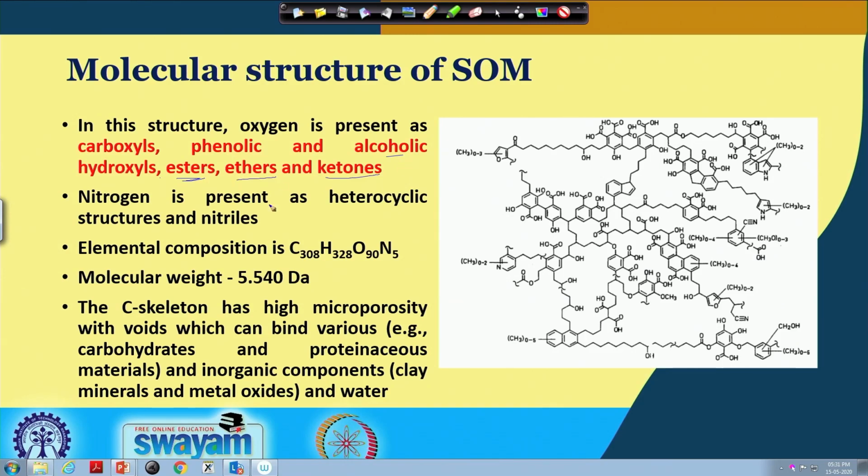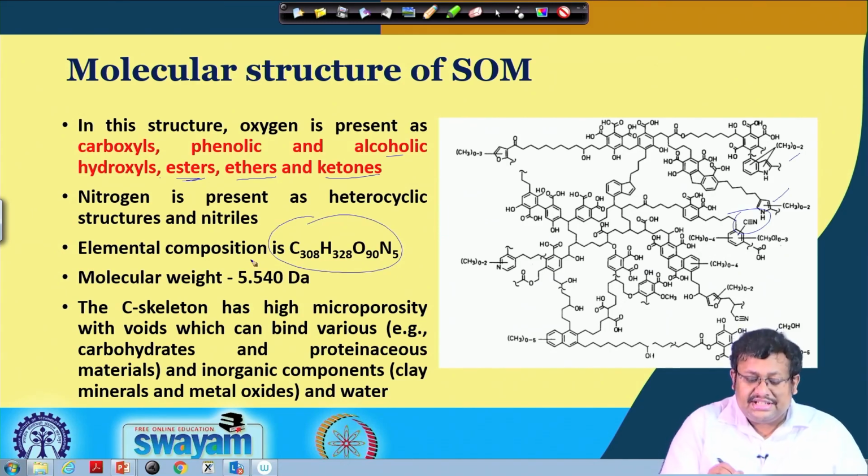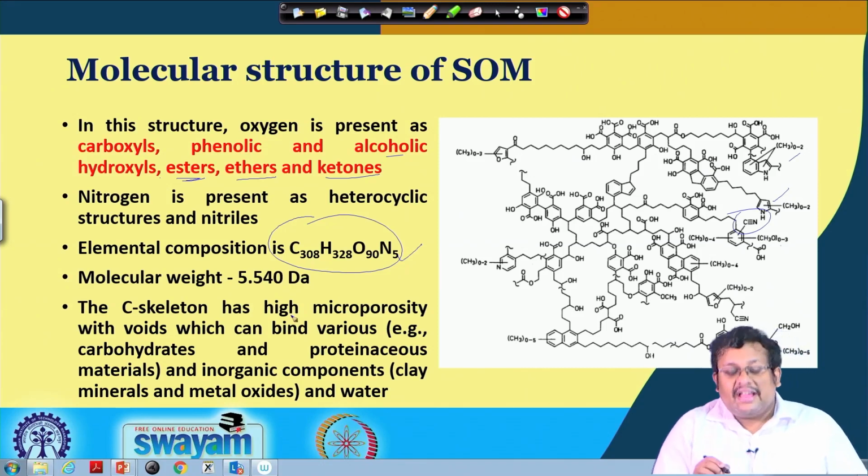So, all these different groups are present, and nitrogen is present as heterocyclic structures and nitrile. As you can see, these are different heterocyclic structures, and the nitriles you can see here. The elemental composition is basically C308, H328, O90, N5, and the molecular weight they have calculated is 5,540 Dalton.